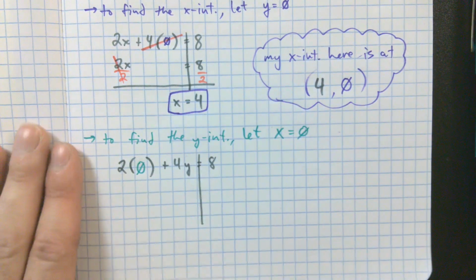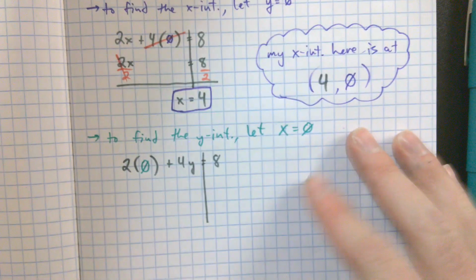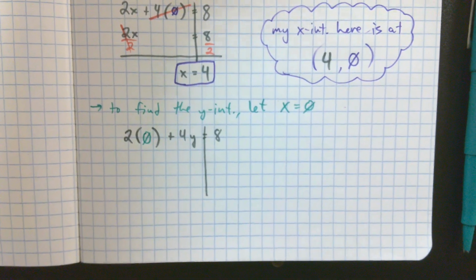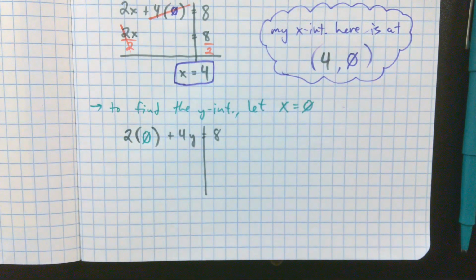So I'm going to rewrite my function, but instead of the letter x, I'm replacing it with the number 0. See if you can take your 2 steps to figure out what that y is going to be equal to, and see if you can write the coordinate pair for that y-intercept.